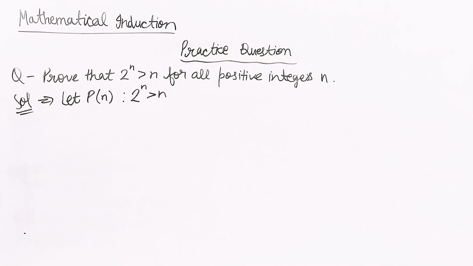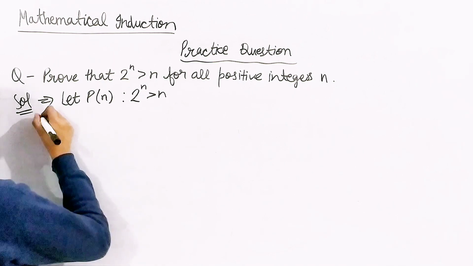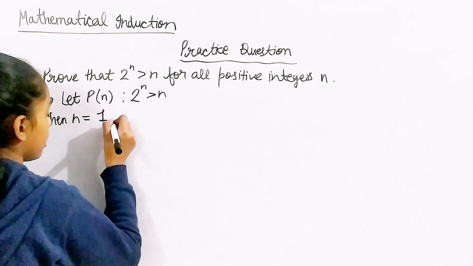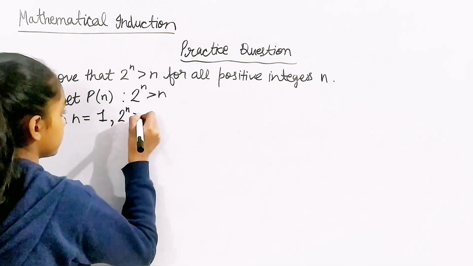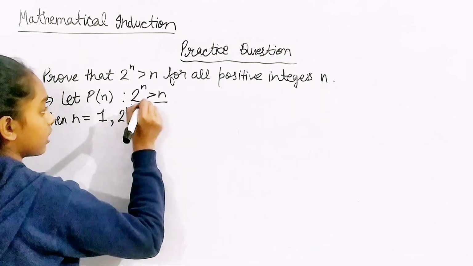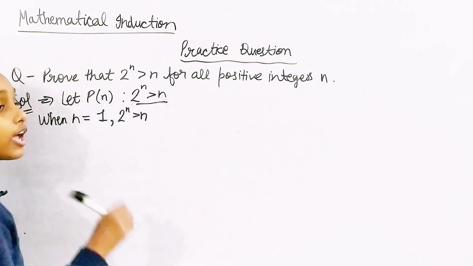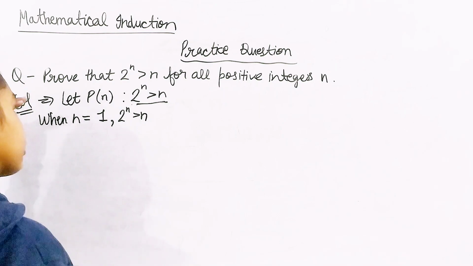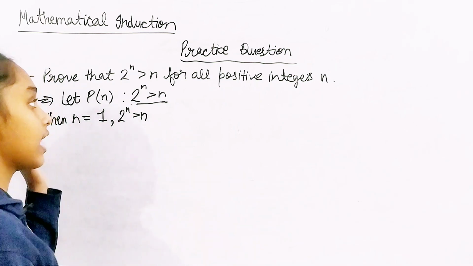So when n is equal to 1, 2 to the power n is greater than n. Actually, we have to prove this, and we'll prove it by doing the base step and the inductive step. By looking at those two steps, we'll get the answer.